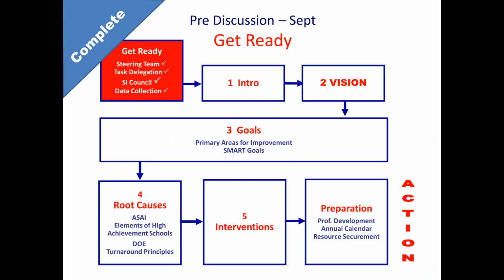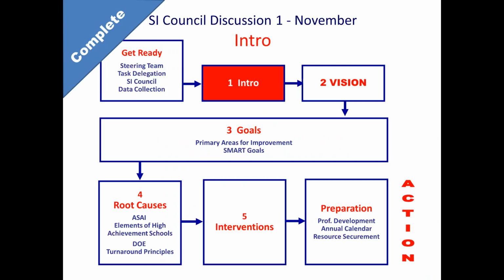Okay, so let's look at the process. So we looked at putting together your steering team. You've done that, you've delegated tasks, you've collected data, so that get ready step we've already completed. We've also completed the introduction. We did that a couple of webinars ago.